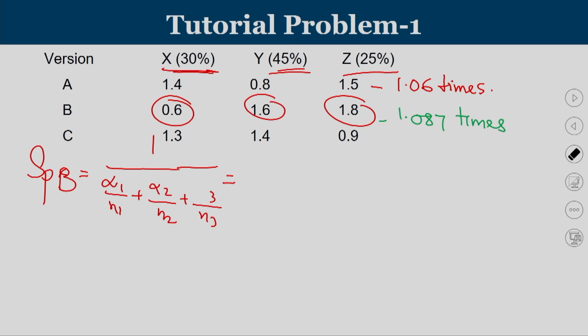So, when you substitute the values of the third one, we have 1.3 as the first speed up.